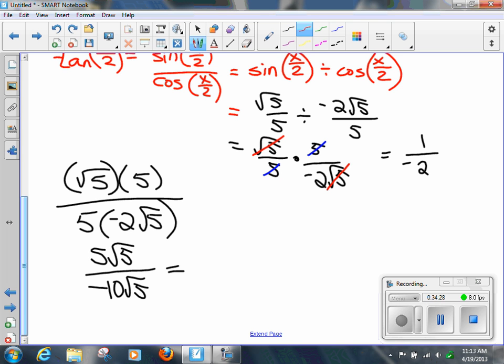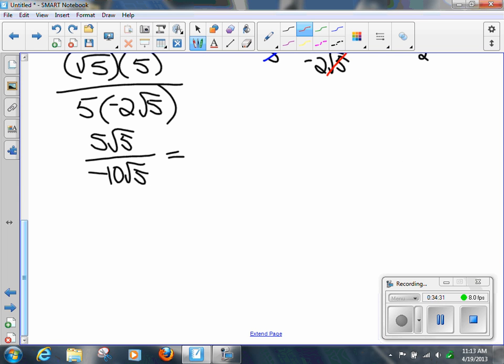My root 5's cancel. 5 over negative 10 is just 1 over negative 2. I reduce within my fractions, though you may wait until the end to reduce, and it's fine if you do. It's just multiplying fractions. Don't make it difficult.